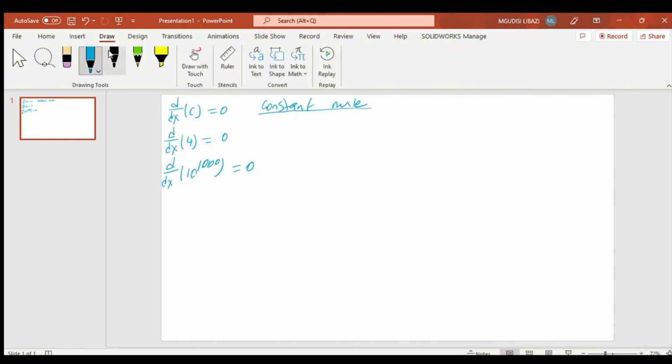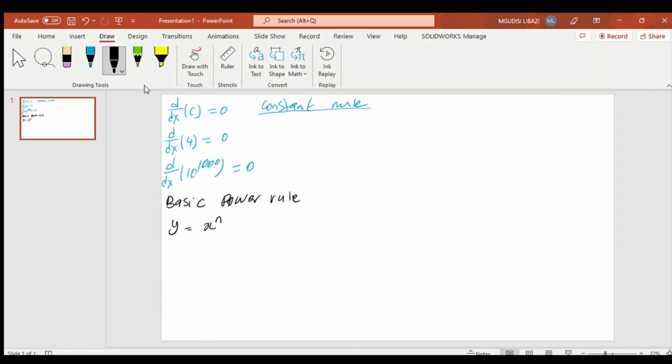Now let's talk about something called the basic power rule. According to the basic power rule, if you are given, for example, y is equal to x raised to n, this is the function that we are given, and n there represents a constant while x is a variable.